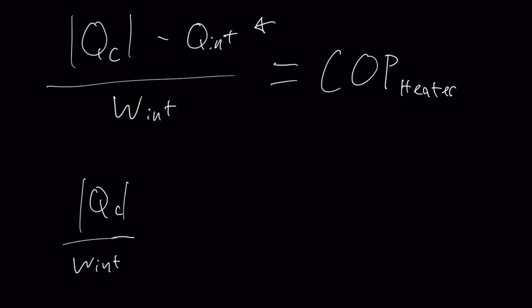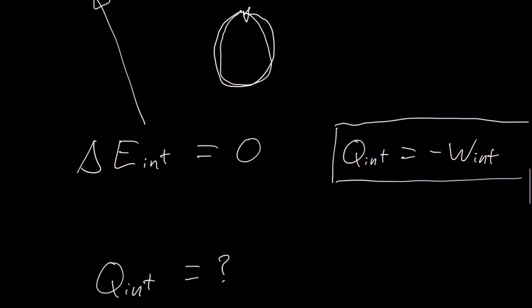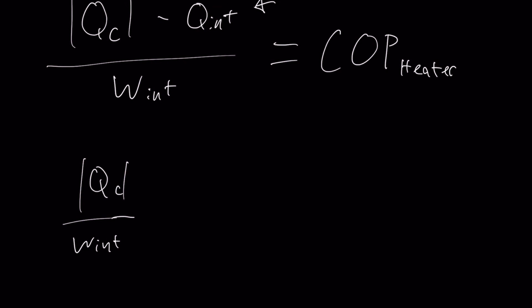So how do we get rid of the heat internal, the internal heat? Well, if we remember from the cycle system, Q internal equals the negative work internal. And we can plug that in, right?